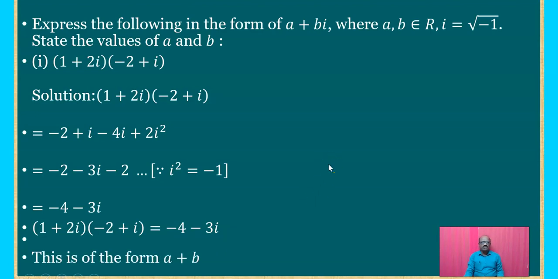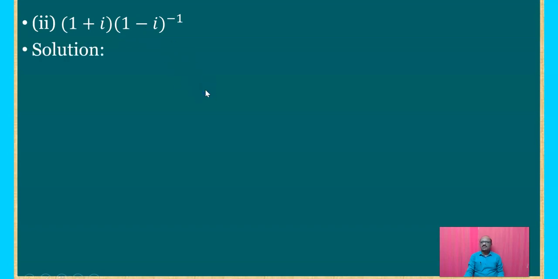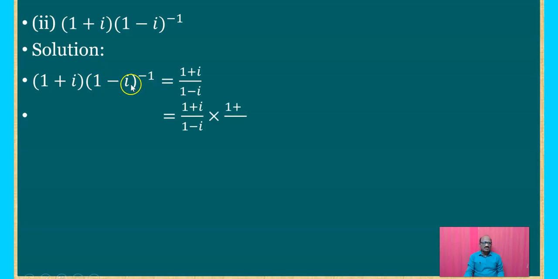This is of the form a plus ib, where a is equal to minus 4 and b is equal to minus 3. Now the next is the second one: (1 plus i)(1 minus i) whole to the power minus 1.